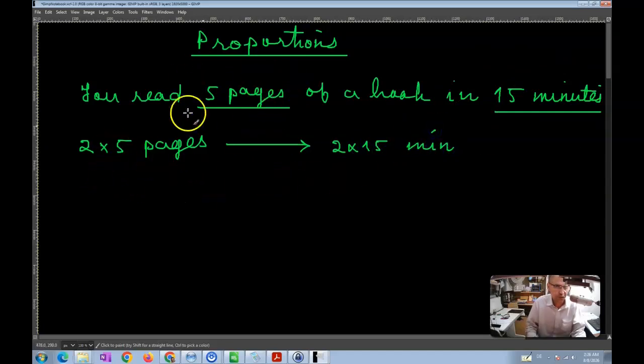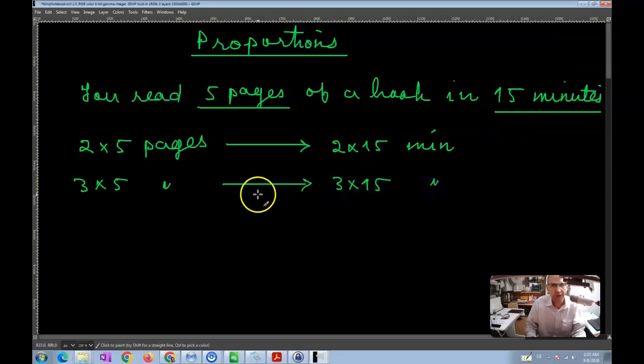Or 3 times 5 pages, you would read in 3 times the amount of time, 3 times 15 minutes, and so on and so forth. And of course you can keep going with this: 4 times the number of pages, you will finish in 4 times the amount of time, then 5 times, 6 times, and so on.